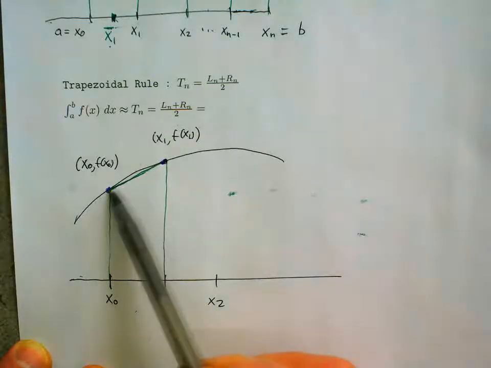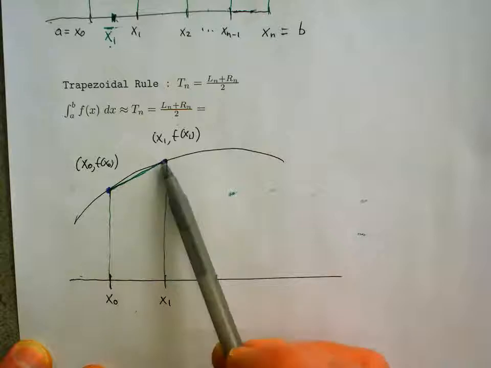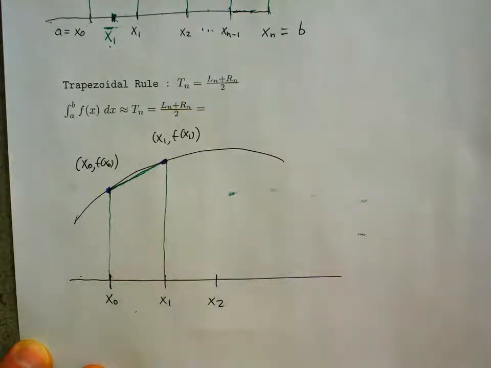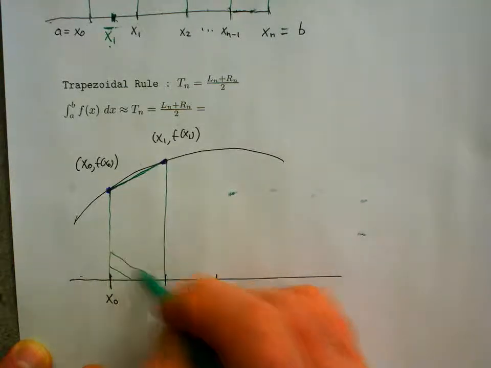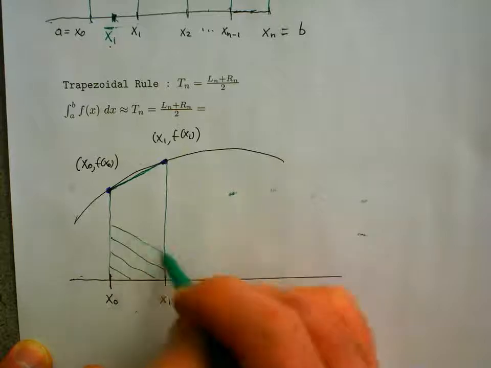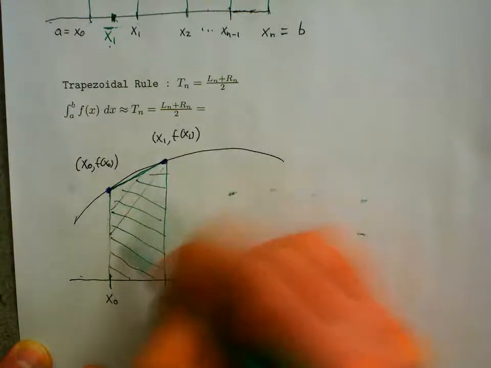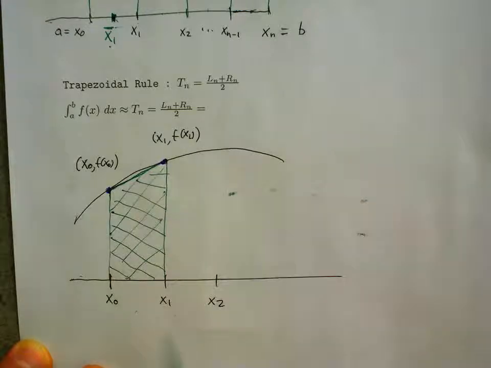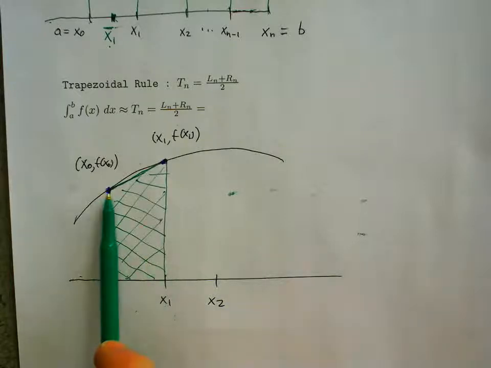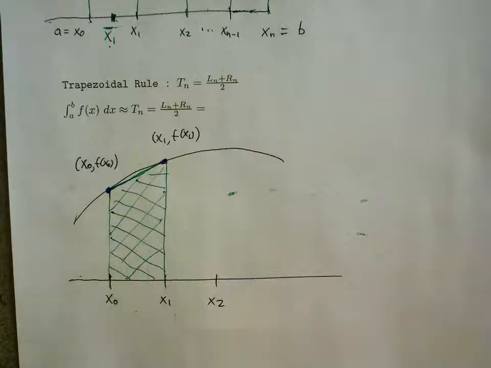So connect those with a line segment, and you form a trapezoid. And the area of that trapezoid is the average of the left-hand sum and the right-hand sum for that interval.